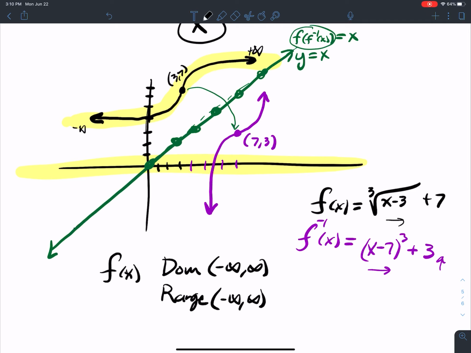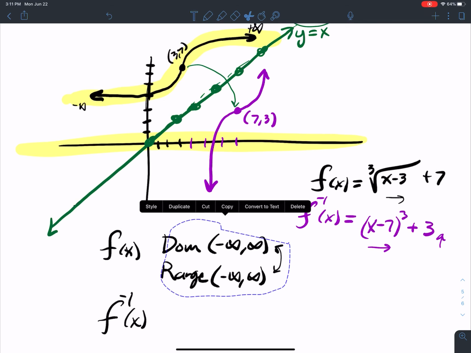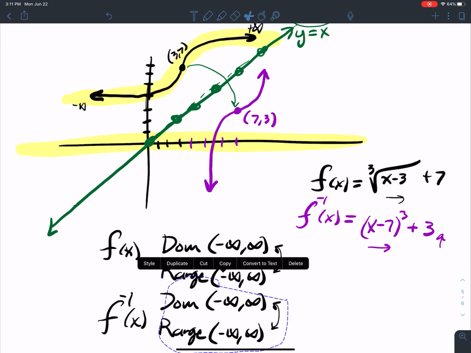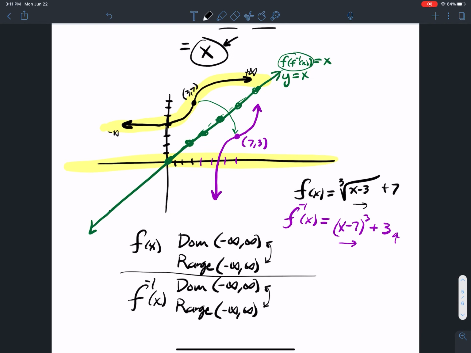So the domain and the range are the same. So f inverse of x, when we're swapping two things that are the same, is still going to be the same thing. It really can't tell the difference because both domain and range are all real numbers anyway.